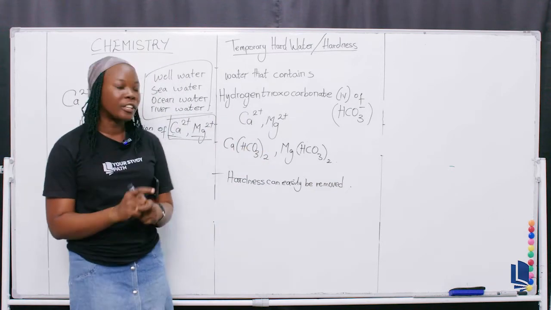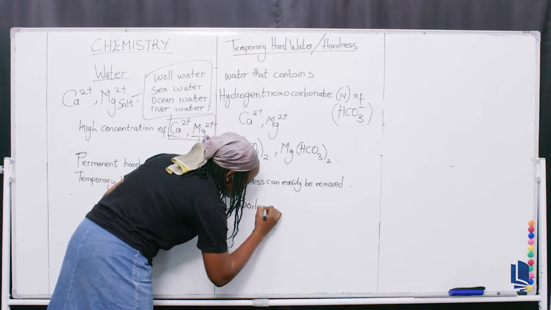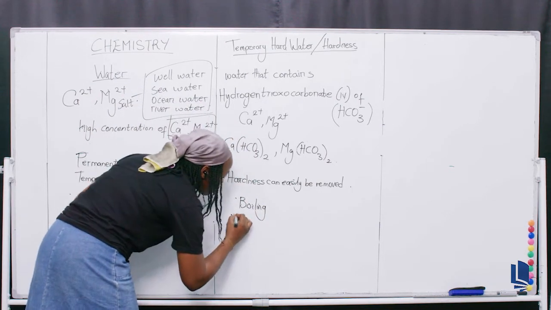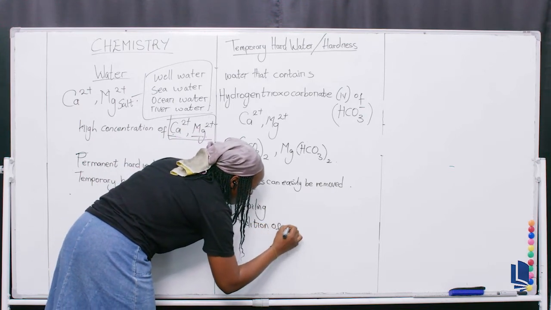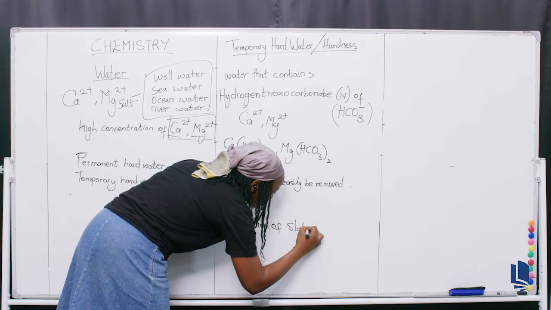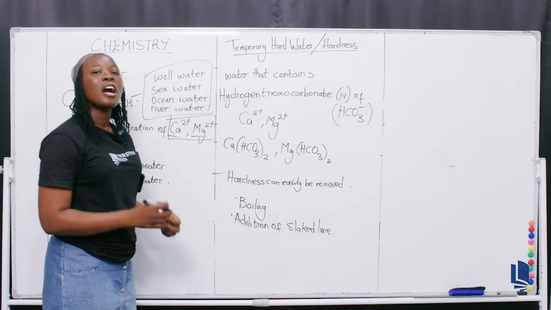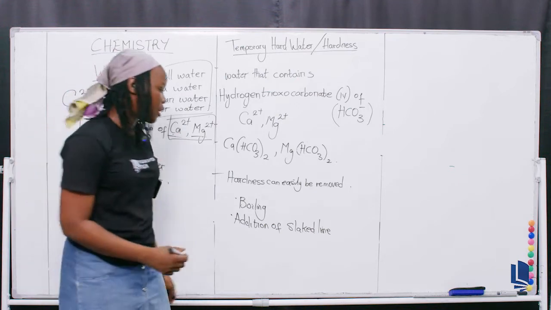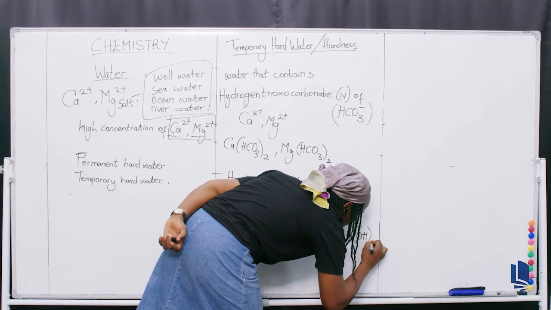One, by boiling, or addition of slaked lime. And slaked lime is calcium hydroxide.